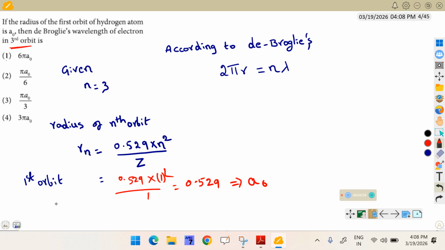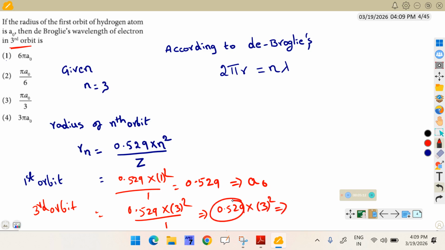Now calculate the radius of the third orbit also: 0.529 into 3 square by 1 for hydrogen atom. That is equal to 0.529 into 3 square. 0.529 value assumed as A naught, then 9 A naught.